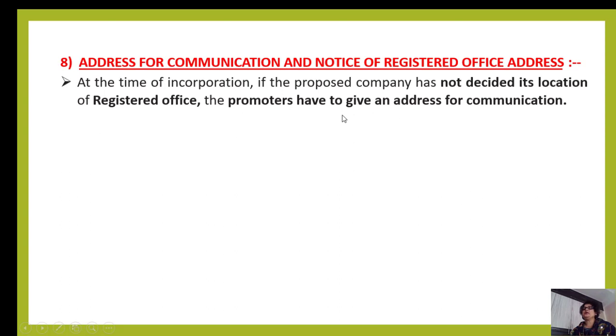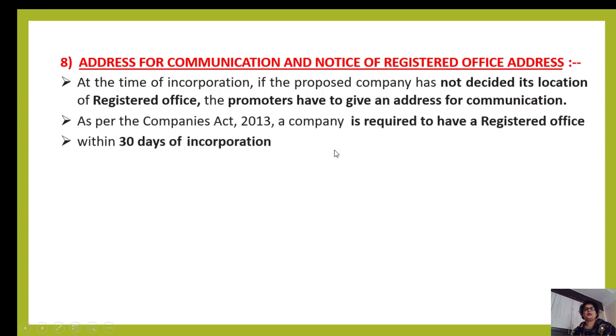At the time of incorporation, the proposed company may not have decided the location of its registered office. So in that time, promoters have to give an address for communication. As per the Companies Act 2013, a company is required to have a registered office within 30 days of incorporation. It's compulsory.